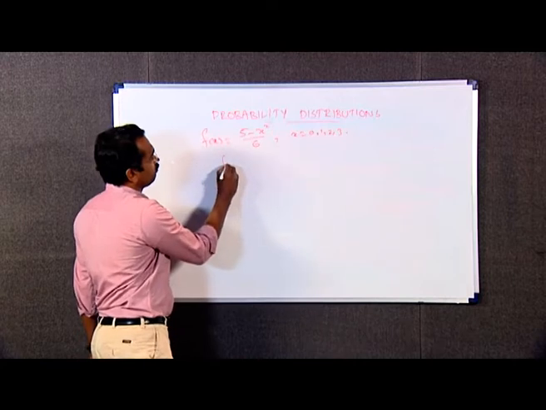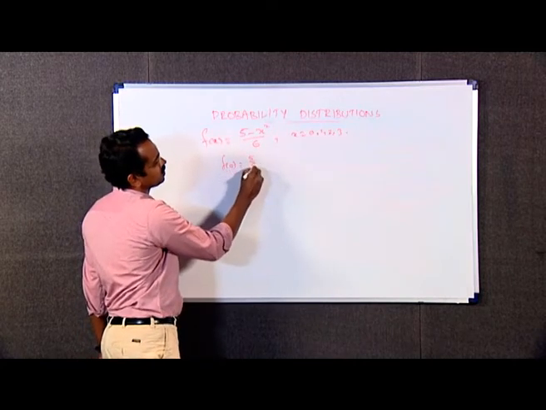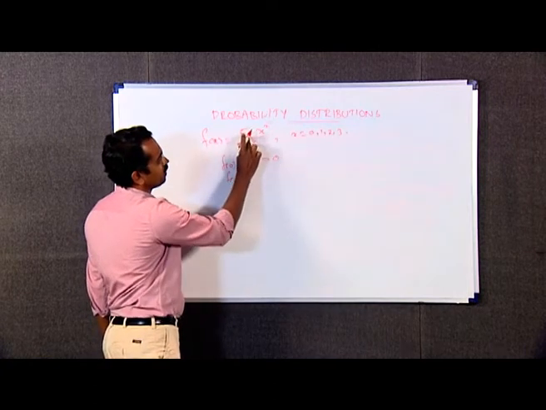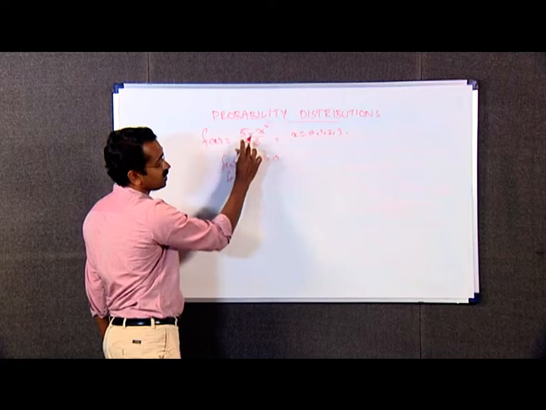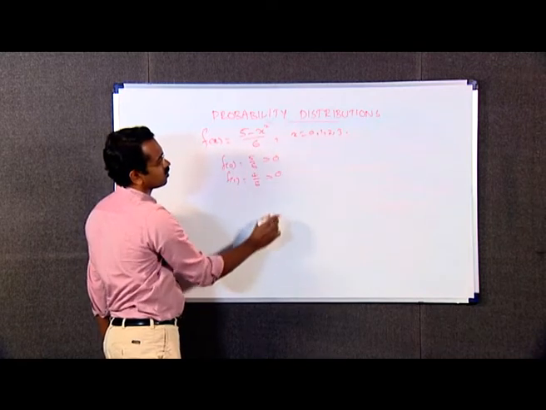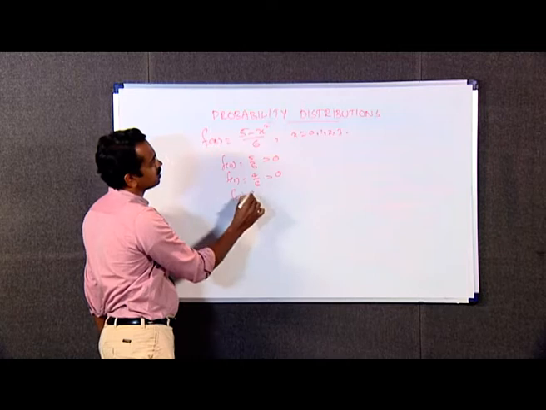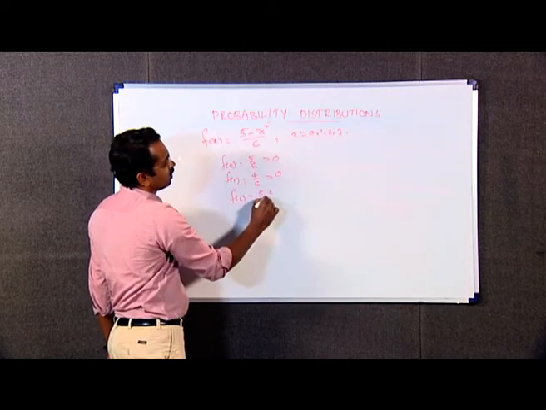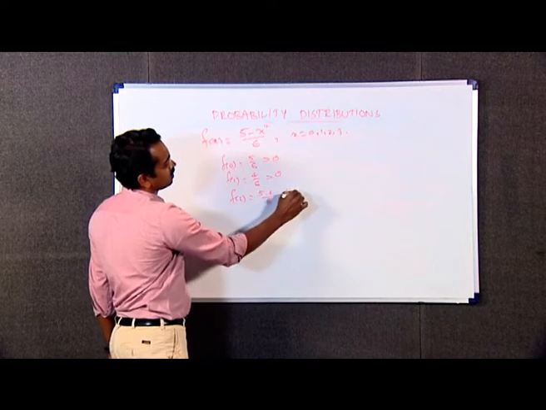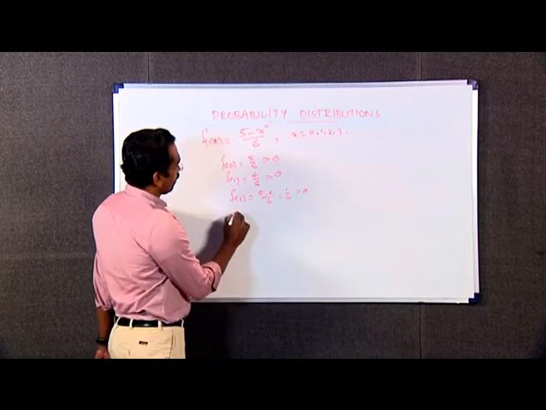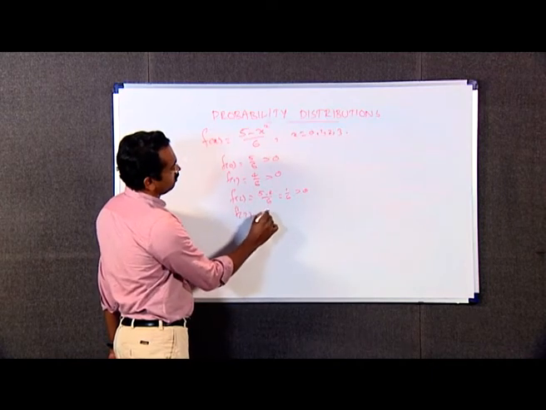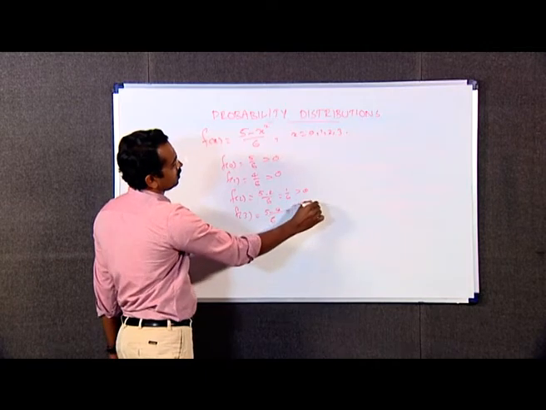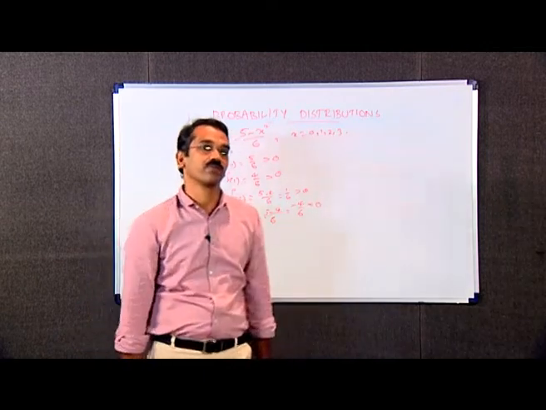Here f of 0 is equal to 5 by 6, which is greater than 0. f of 1 is equal to (5 minus 1) by 6, which is 4 by 6, also greater than 0. f of 2 is equal to (5 minus 2 square, that is 4) divided by 6, that is 1 by 6, again greater than 0. f of 3 is equal to (5 minus 3 square, that is 9) divided by 6, that is minus 4 by 6, which is less than 0.